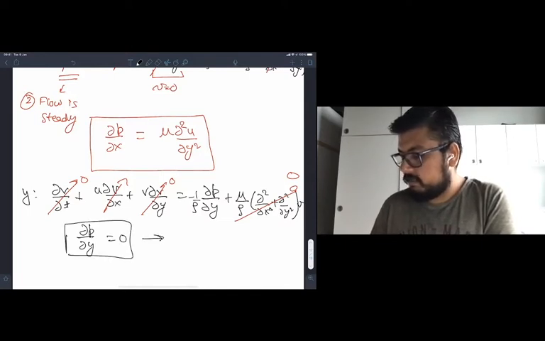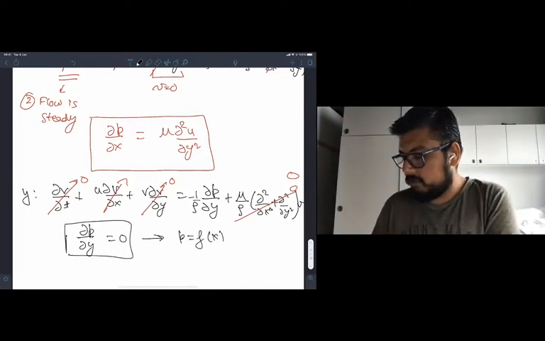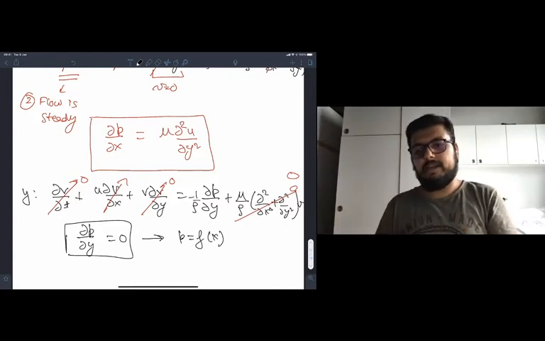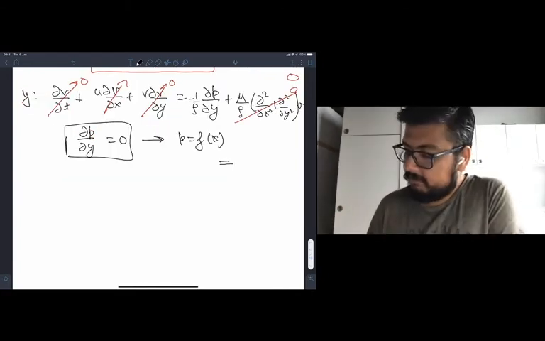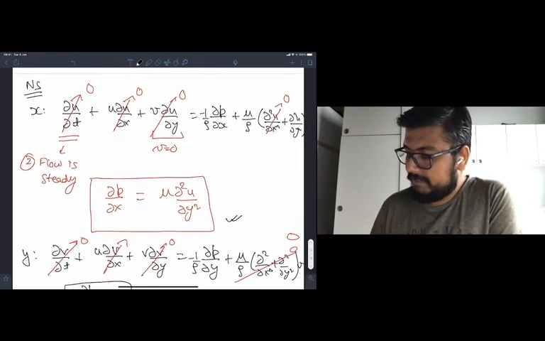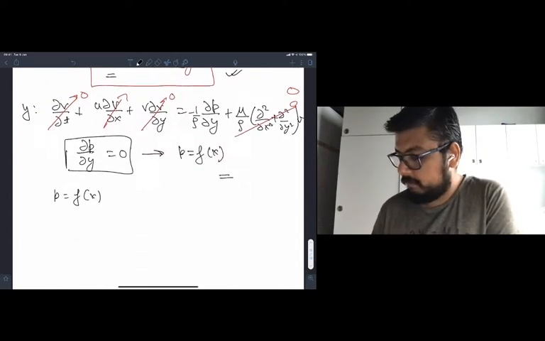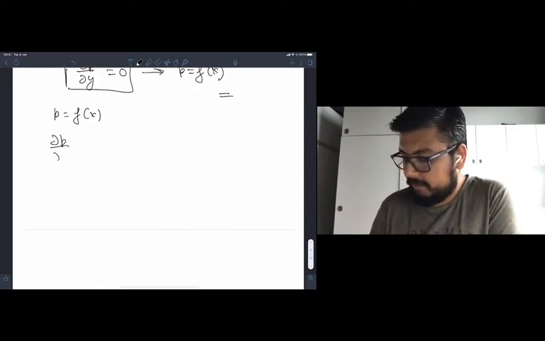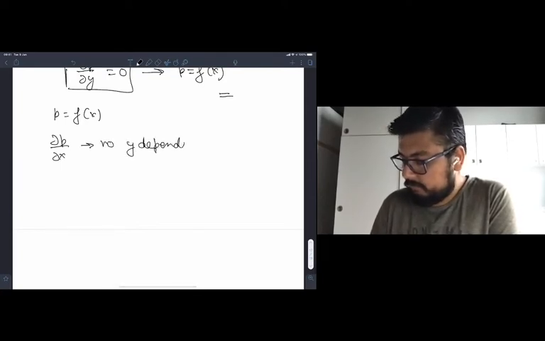So this means that p is only a function of x. It has no y dependence. So now what we have is that pressure is just a function of x, which means that the pressure gradient has no y dependence. So the dp by dx has no y dependence.